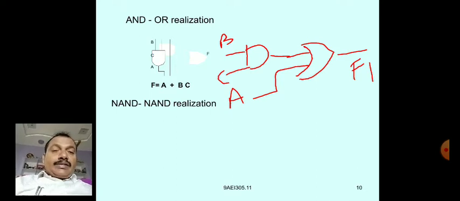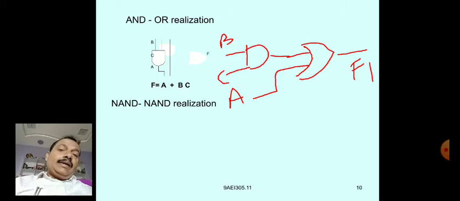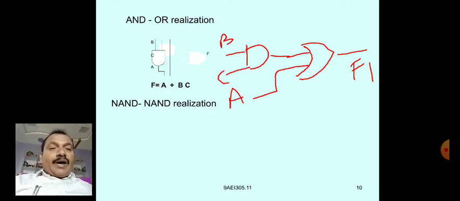Not only that, using basic gates AND, OR, NOT, you can implement a simplified expression. Otherwise, you can use NAND only, because NAND is the universal gate. You can use that universal gate to implement the Boolean expression. So now the Boolean expression is F1.